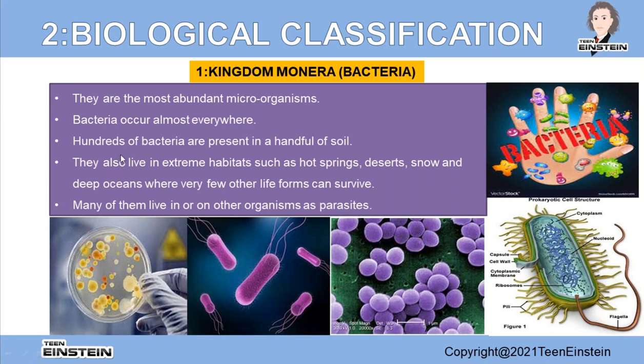So what are now the important points? They are the most abundant microorganism, present almost everywhere. They are living in extreme habitats, extreme conditions, and they are living as parasites.